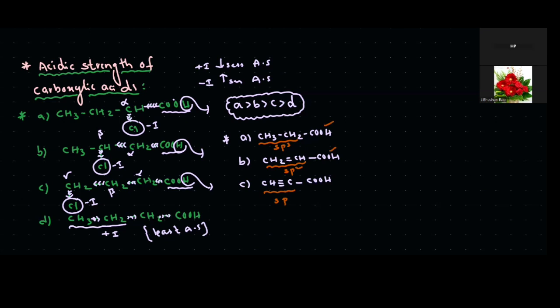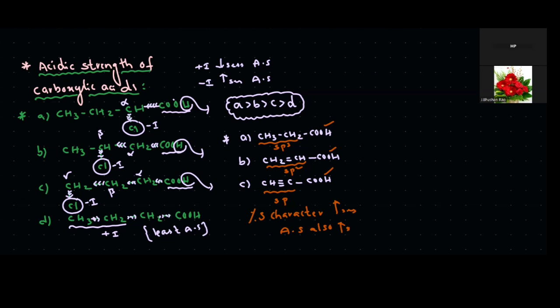So how do we identify this in these cases? It depends on the percentage of S character. If the percentage of S character increases, the acidic strength also increases.